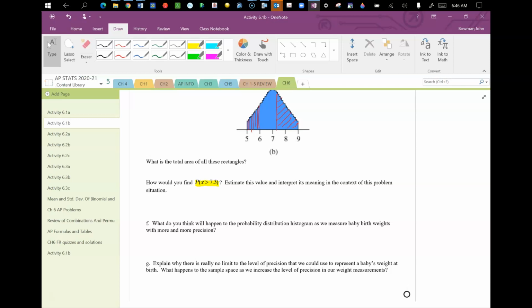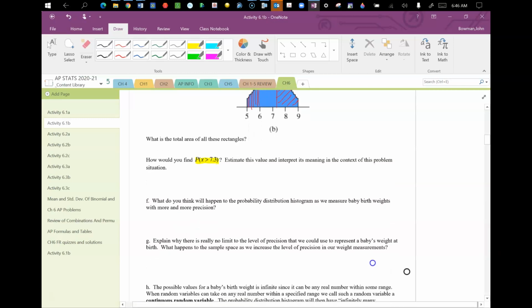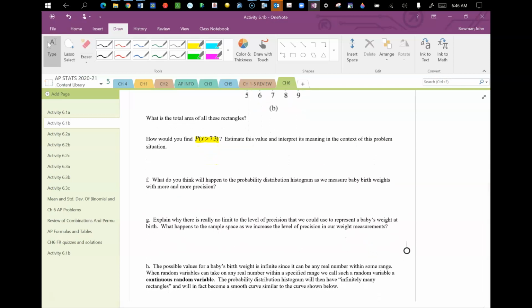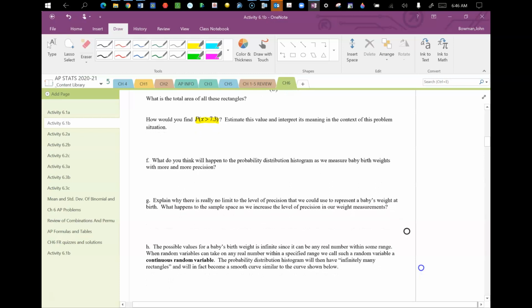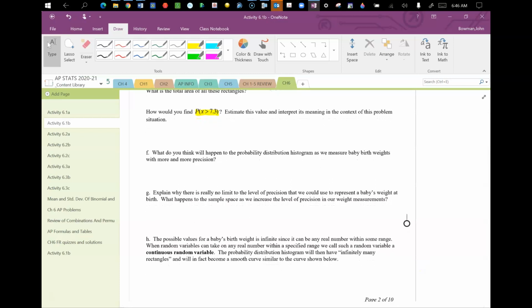However, we can ask questions like, what is the probability that a baby's weight is between two values, like 7.3 and 7.5 pounds? When we take something like a discrete random variable and we break it up into an infinite number of possibilities, we call this a continuous random variable.